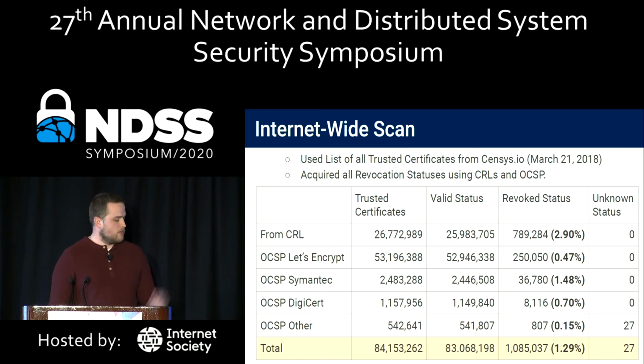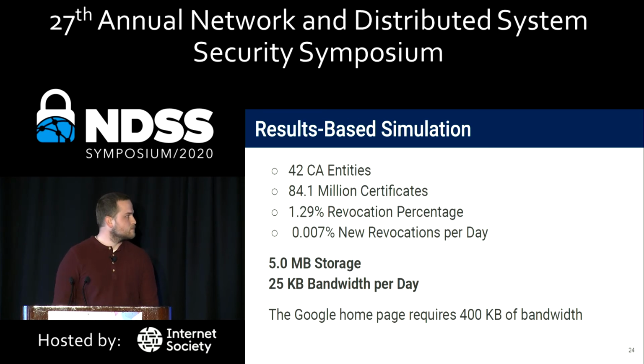In summary, the bottom line there for the total, there were about 84 million certificates that we checked, about 1 million of which had been revoked, giving us a revocation percentage of about 1.29%, which, somewhere between 1% and 2%, is what we expect for the typical revocation percentage from this study and also the previous literature.